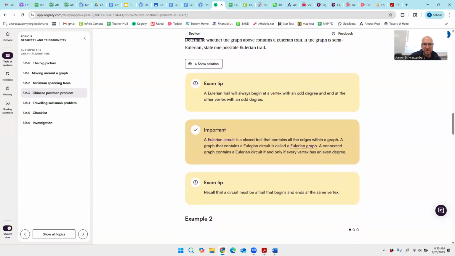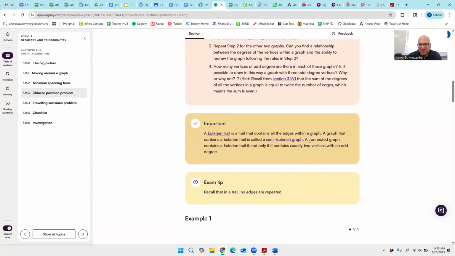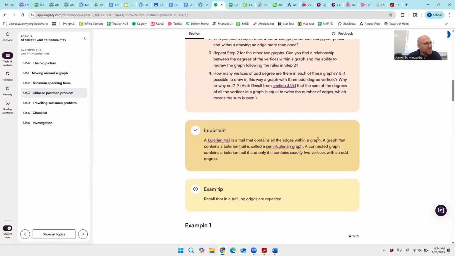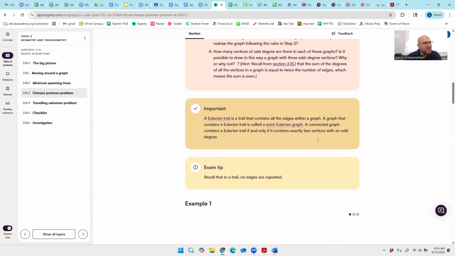Trying to figure out how an Eulerian trail isn't also an Eulerian circuit, or how an Eulerian circuit isn't also an Eulerian trail. Does it get started in the same point? No. But doesn't a trail? Oh, okay, so an Eulerian trail doesn't have to start and end at the same vertex.